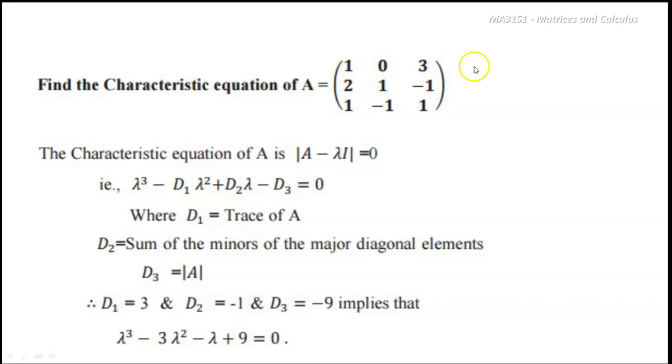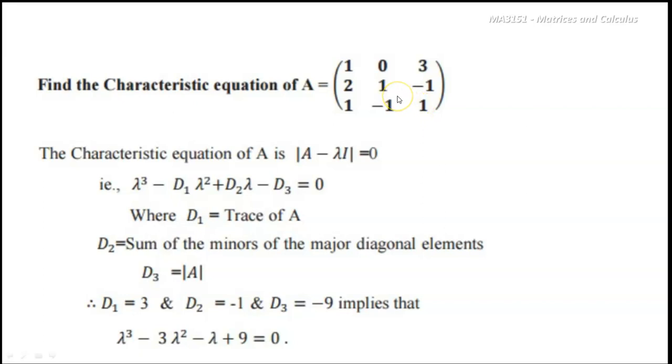You have to omit the first row and first column because the first diagonal exists in first row and first column. After omitting the row and column, then for the remaining data, you have to take determinant. So determinant is nothing but the cross multiplication. 1 into 1, 1. Then minus of plus 1. So 1 minus 1, 0.